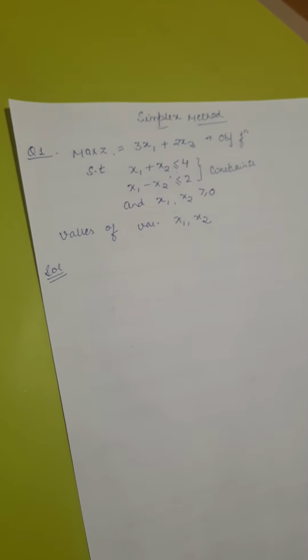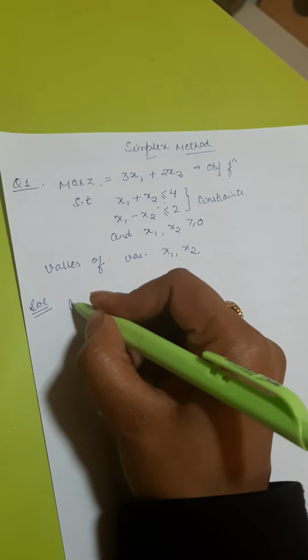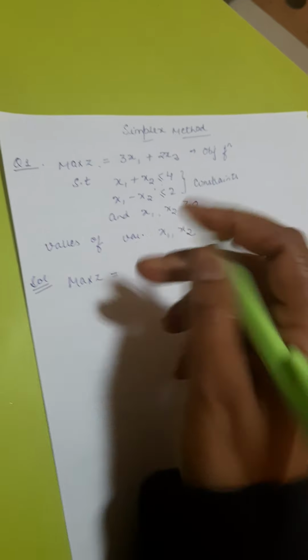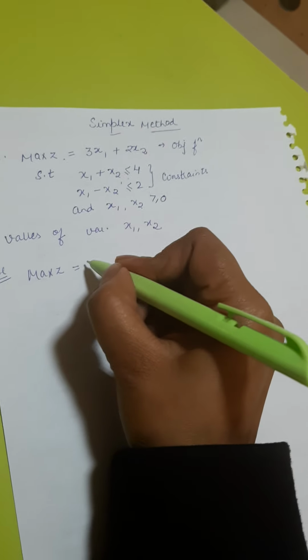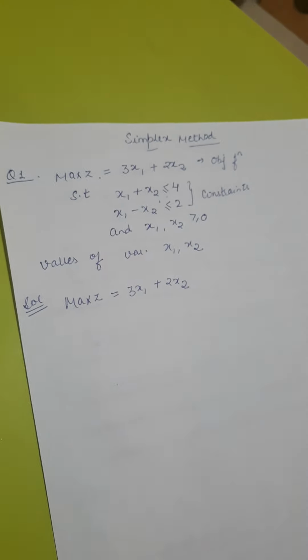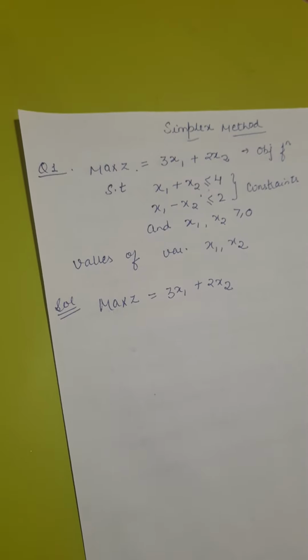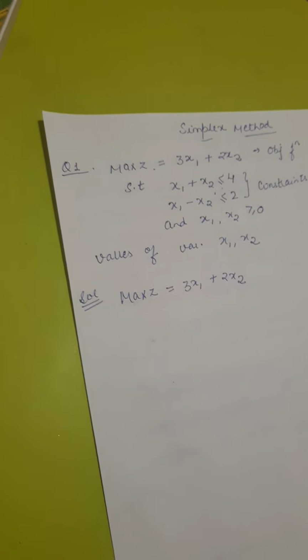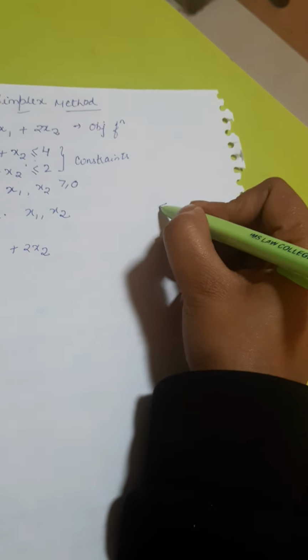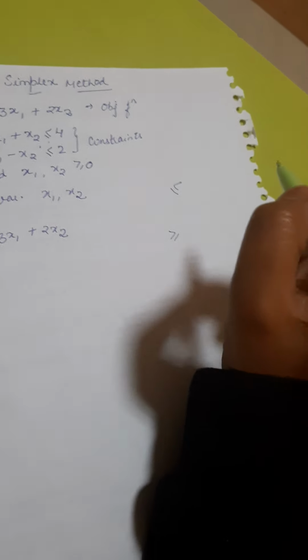First of all, what are the steps of writing the questions? Number one, since this is a maximization problem, write down the objective function as it is. Next, there are two conditions: the less than condition and the greater than condition. You have to check first.